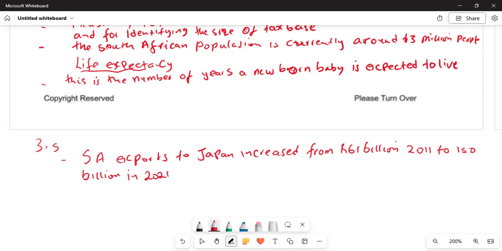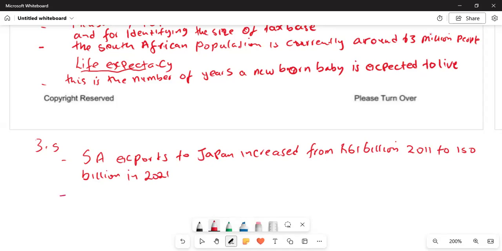So that means that last year, South Africa imported 34 billion worth of goods from Japan, resulting in a Japanese trade surplus of 104 billion in Japan's favor.